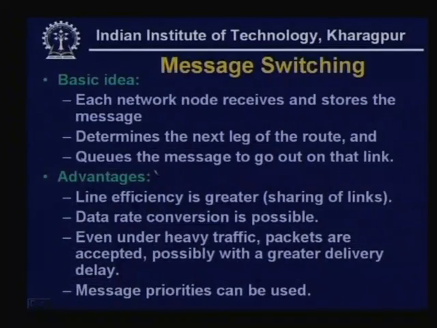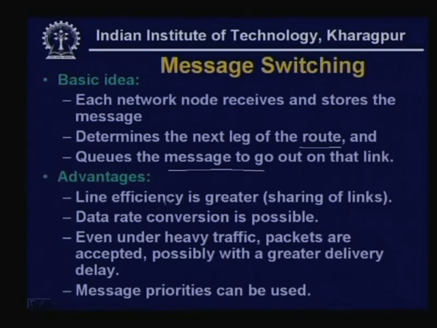The message is stored, that means nodes are provided with some buffer, and it is stored until a link or a path is available in the direction of the destination. So the queues of messages go out on that link. Obviously it has to do routing, and then on that route the message can be sent in the form of queues.